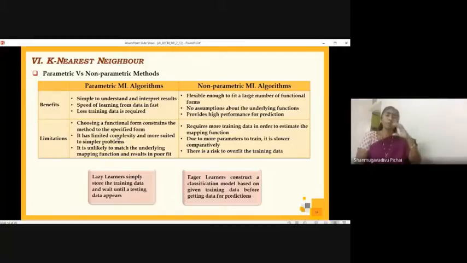When you have a problem which is very simple in nature, and you select a model which is also very simple in nature, it goes well. So we choose a model which has limited complexity with respect to computation, training, understanding, and prediction. So it has limited complexity and is more suited for simpler problems.